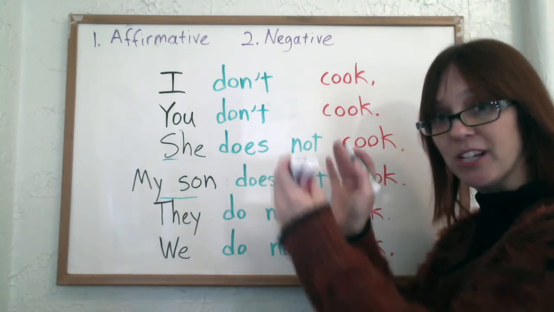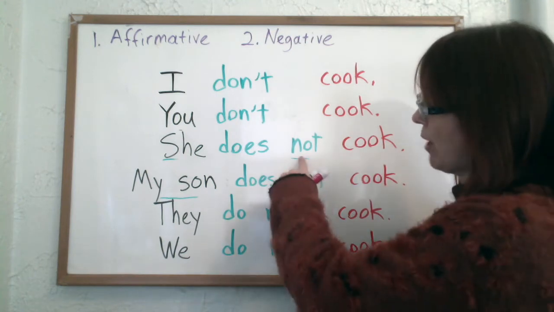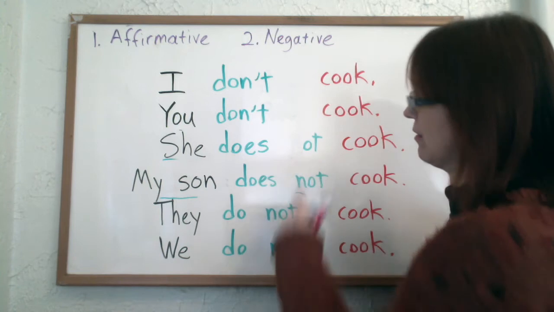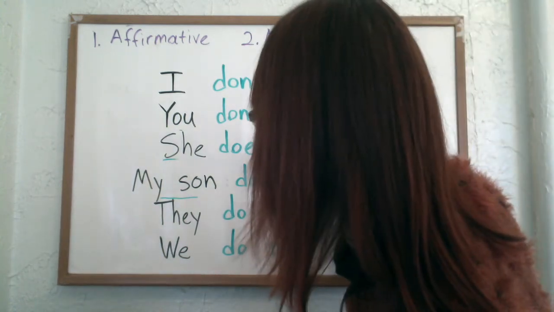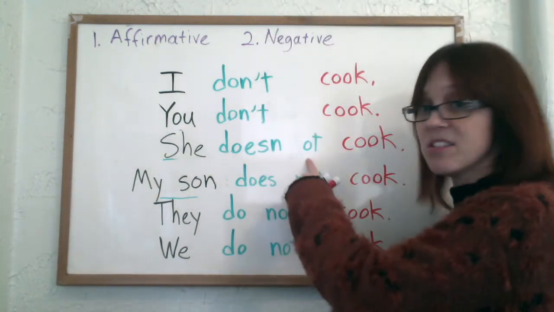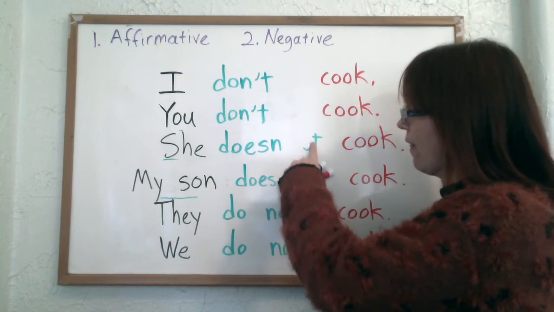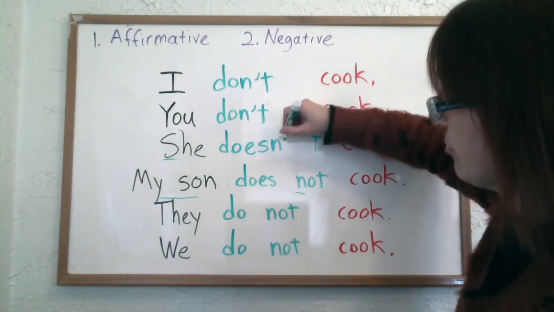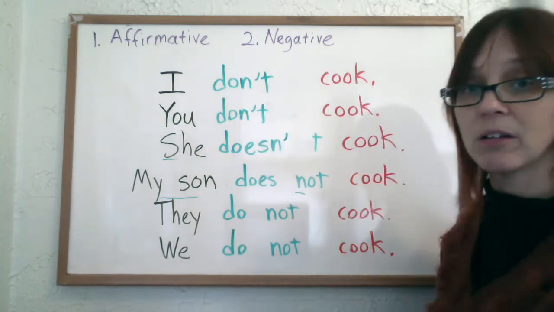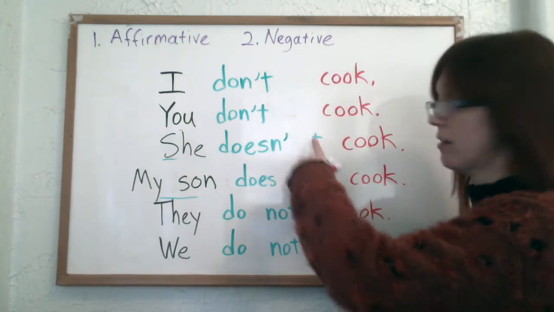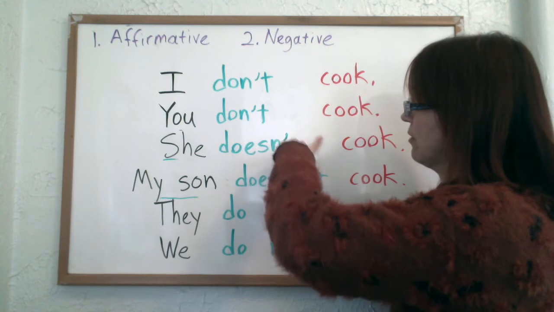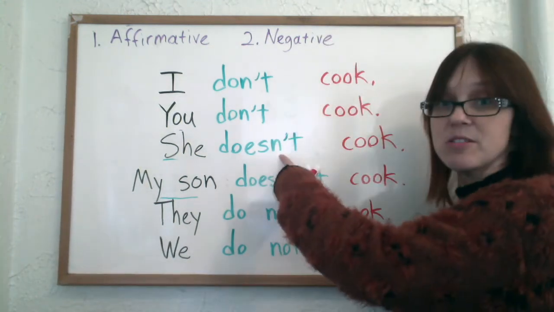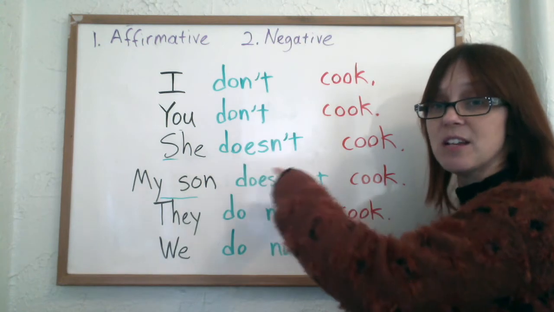We put those together. So I move the N. Erase the O. Put an apostrophe. And move the T. Doesn't. She doesn't cook.